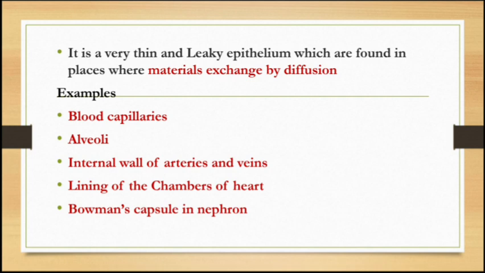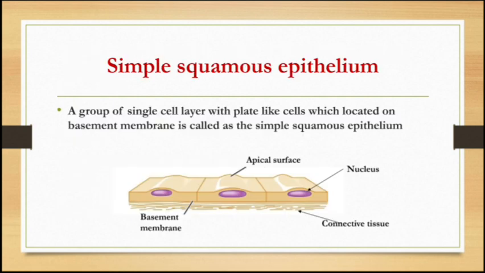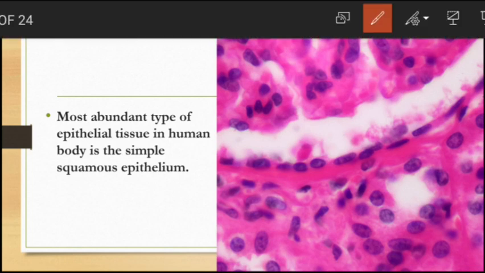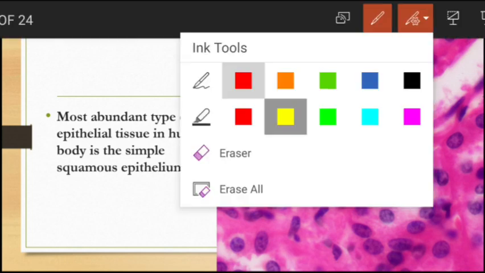Blood capillaries, alveoli in lungs, internal wall of arteries and veins, lining of the chambers of the heart, Bowman's capsule in nephron. These are examples of places where the simple squamous epithelium is located. So, the most abundant type of epithelial tissue in the human body is this simple squamous epithelium. So in this diagram, you can find the simple squamous epithelium cell layer.